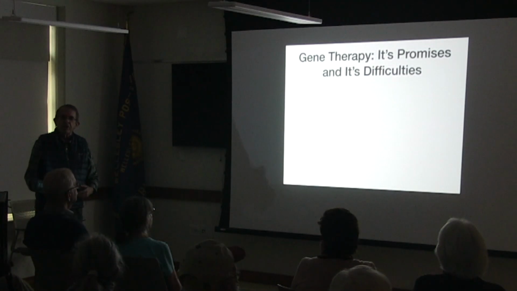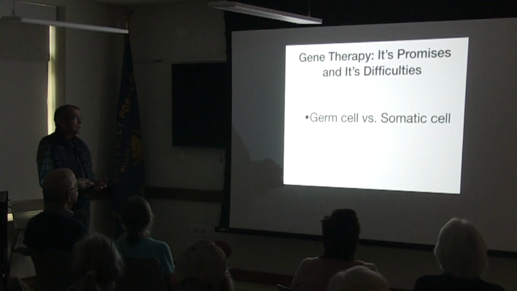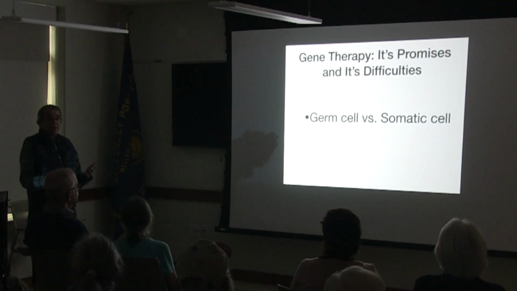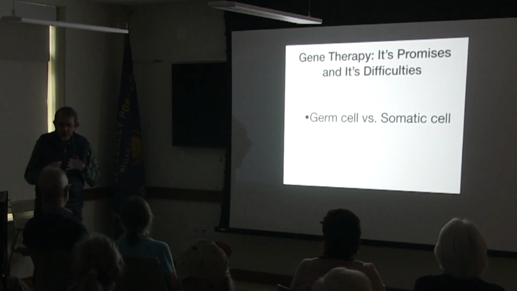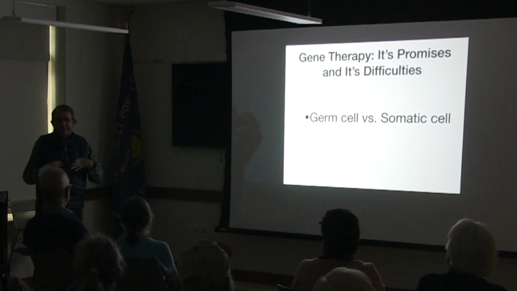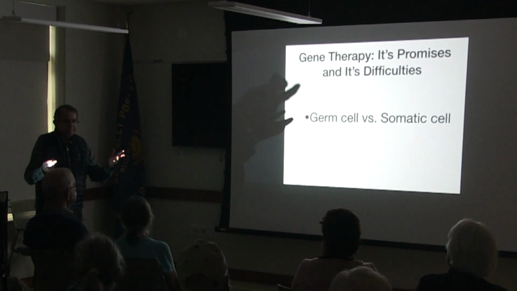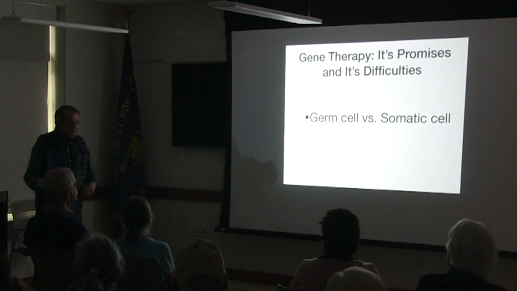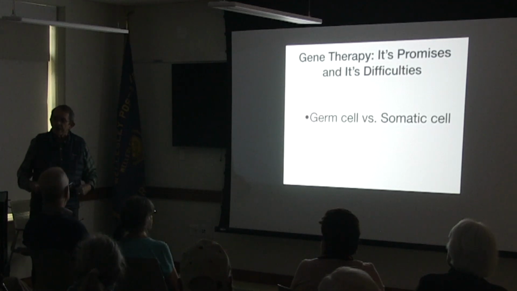Gene therapy, okay? Could we cure a genetic disease? It's a problem, because if you have diabetes, if you have, name a disease, Huntington's disease, it's in every cell in your body.